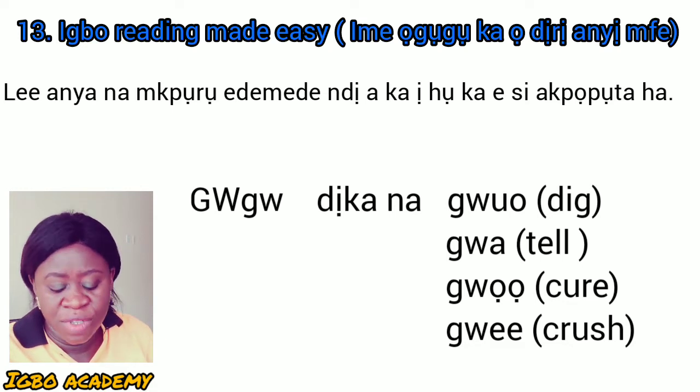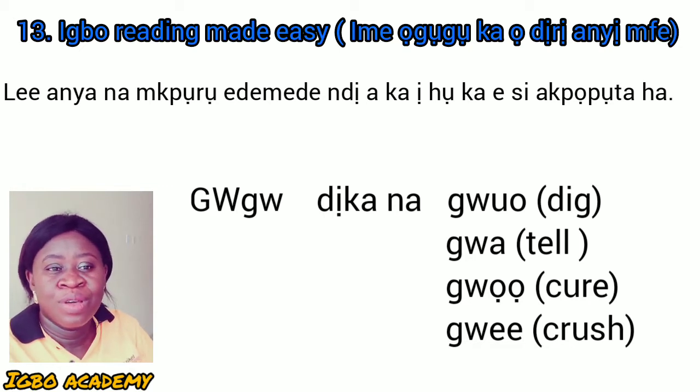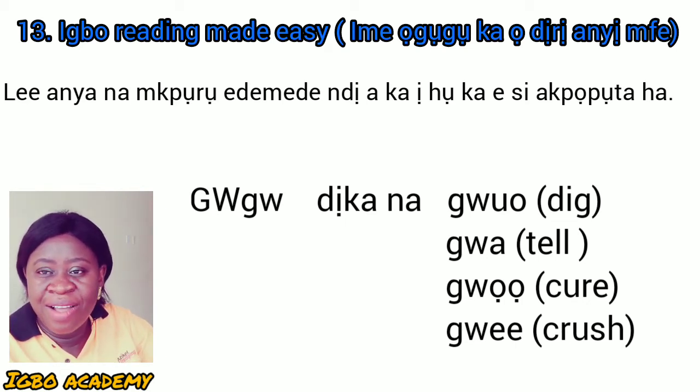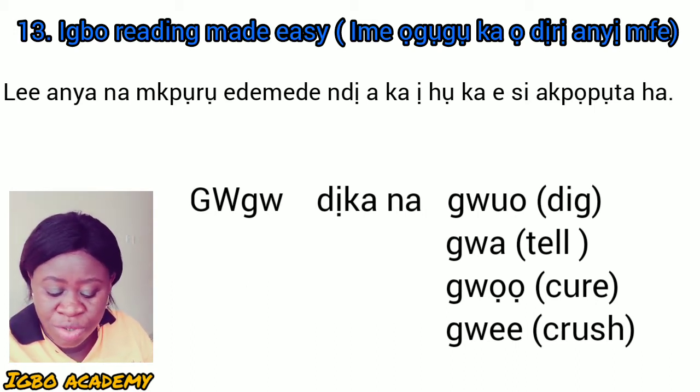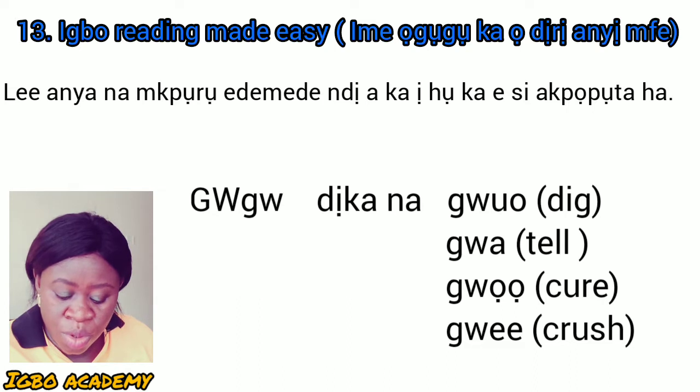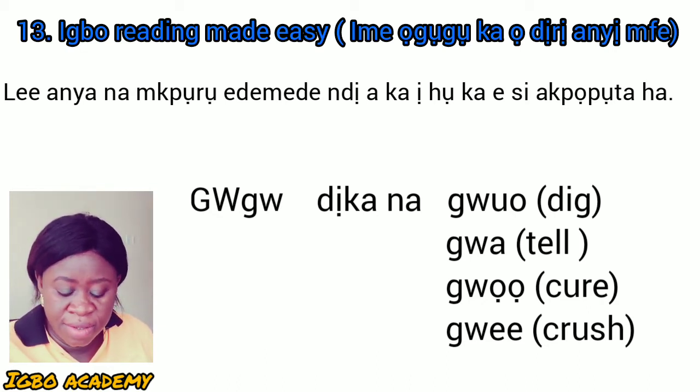So gwo means to cure, and gwe means to crush. You know those days when we used to use grinding stool. Kanje gweosi. Let me go and grind pepper. It's called gwe. It means to crush. So we have gwo, dig, gwa, tell, gwo, cure, and gwe, to crush.